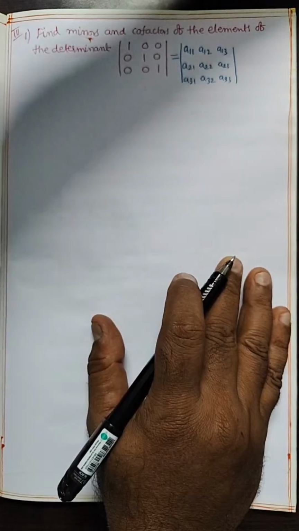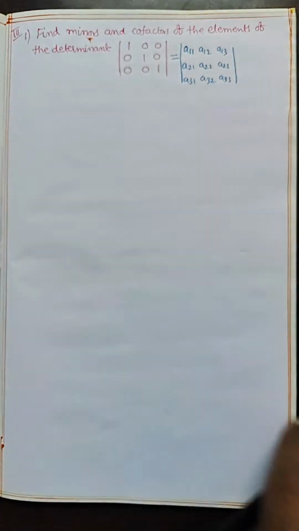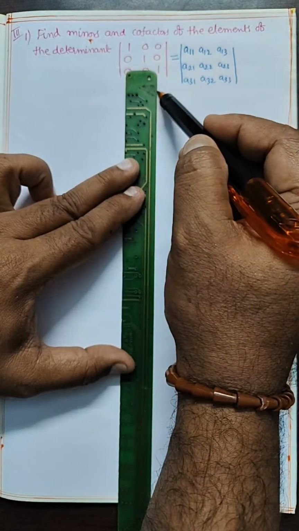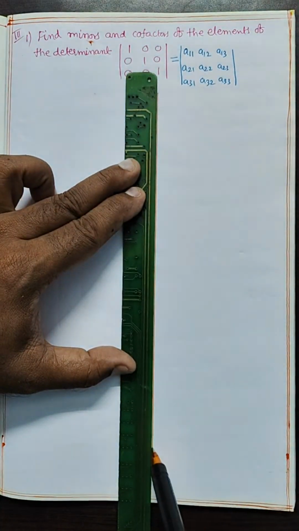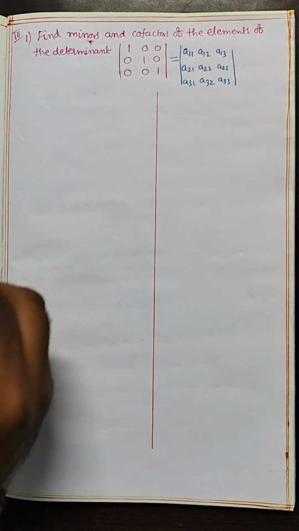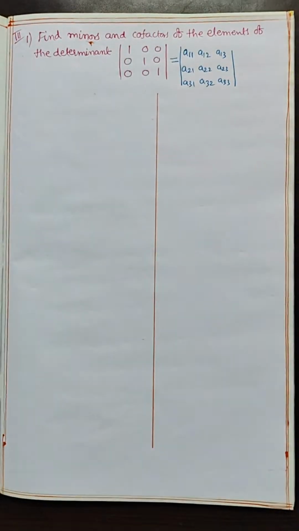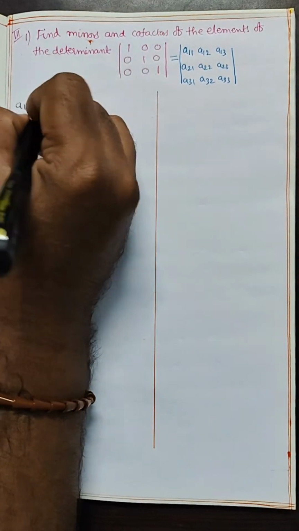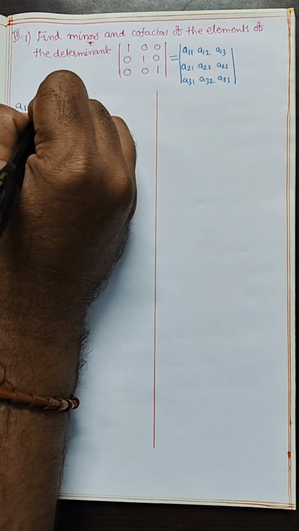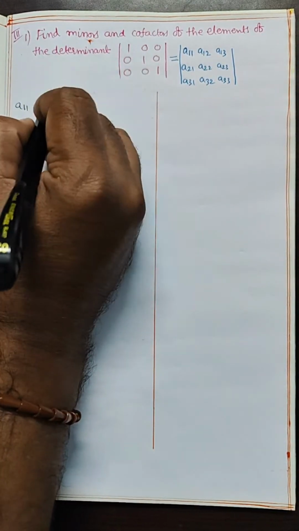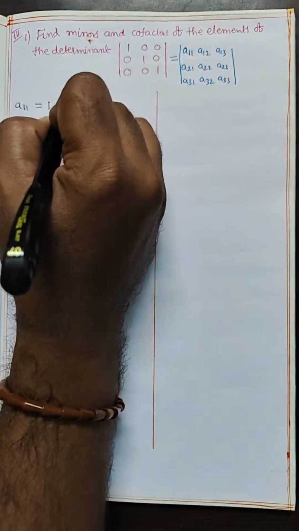See how we are going to do that. So A11, the first element, is 1.